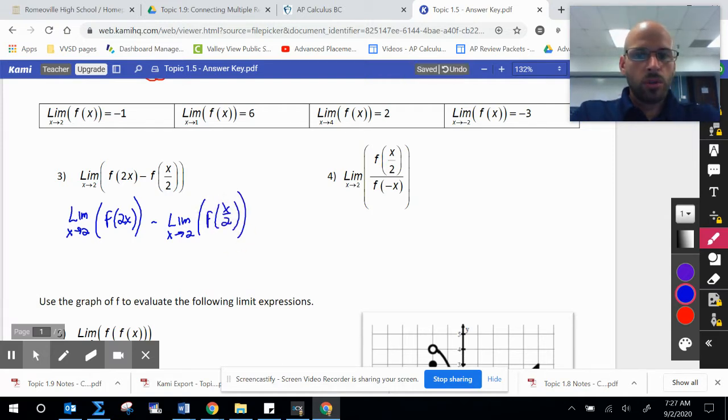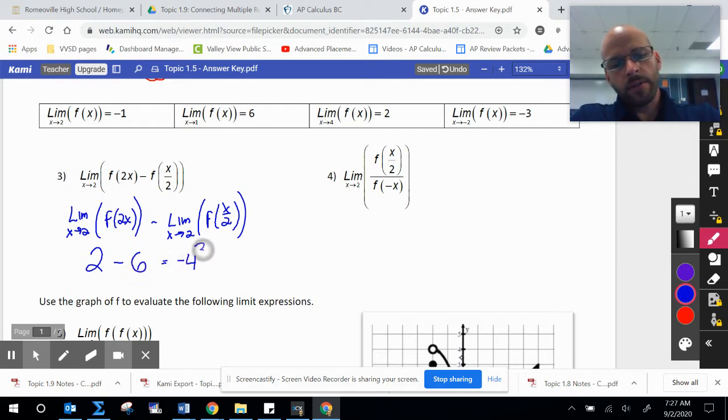And if I plug 2 into the first limit, I'm really going to get the limit as x approaches 4. So that's going to be 2. And if I plug 2 into the next one, it really turns into the limit as x approaches 1, which would be a 6. So 2 minus 6 is a negative 4.